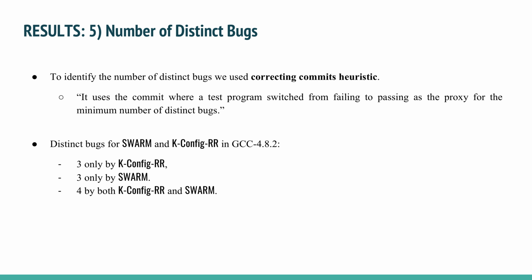For the crash and miscompilation of failing test programs in GCC 4.8.2, the number of distinct bugs detected by the techniques are 3 only by kconfig round robin, 3 only by swarm, and 4 by both kconfig round robin and swarm. And we'd like to thank the authors of HiCOND for helping us compute the number of distinct bugs.